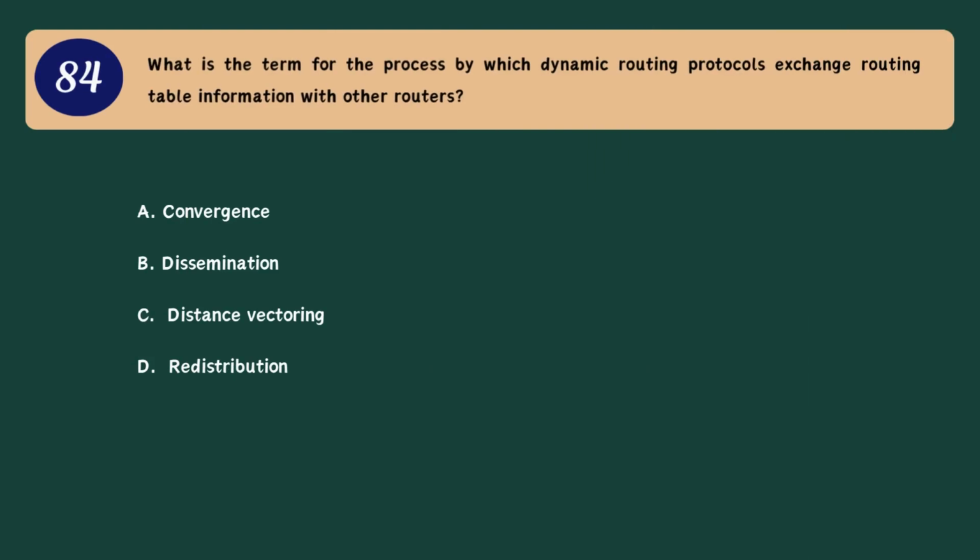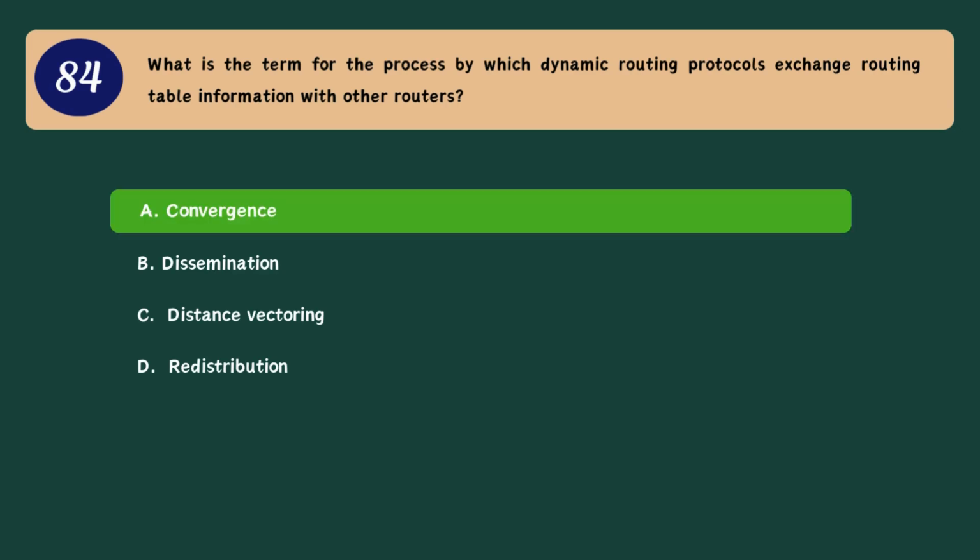Question 84. What is the term for the process by which dynamic routing protocols exchange routing table information with other routers? A. Convergence. B. Dissemination. C. Distance vectoring. D. Redistribution. Correct answer. A. Convergence.